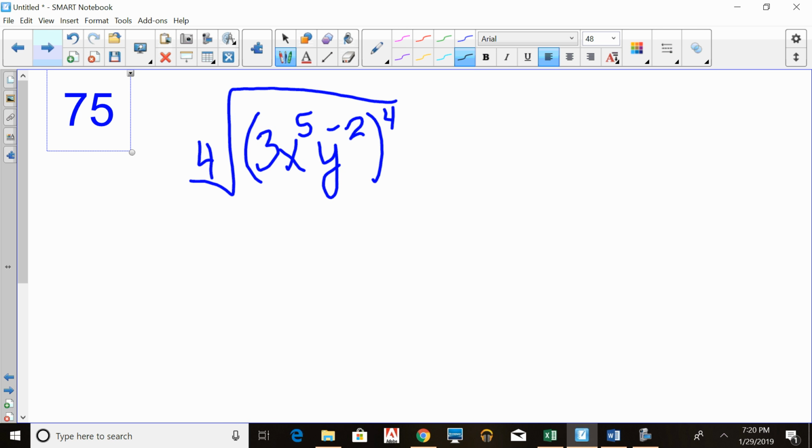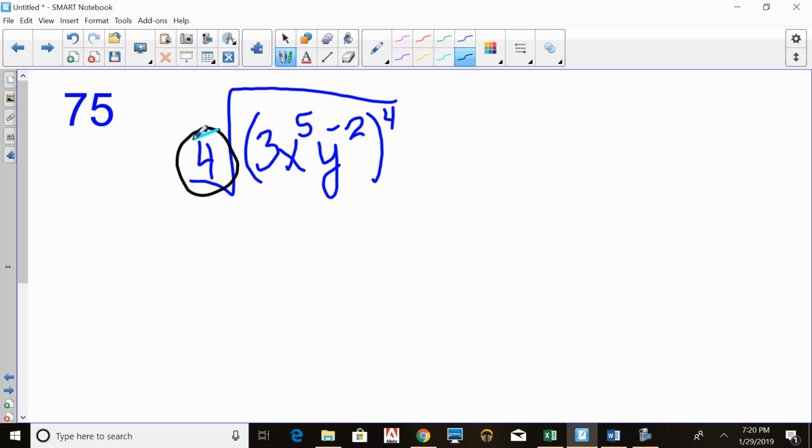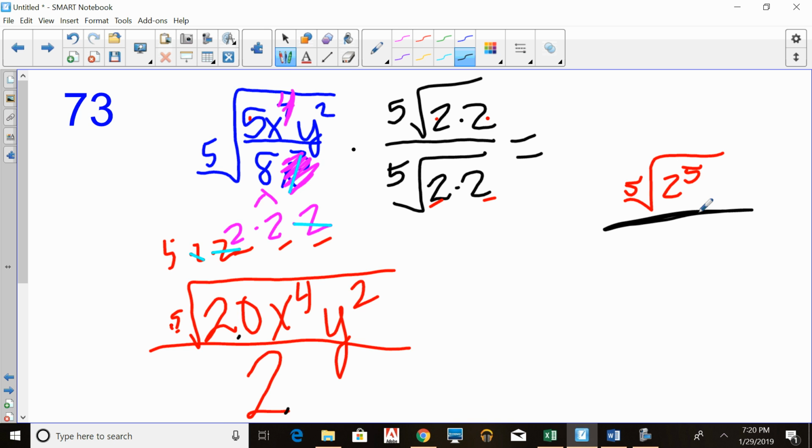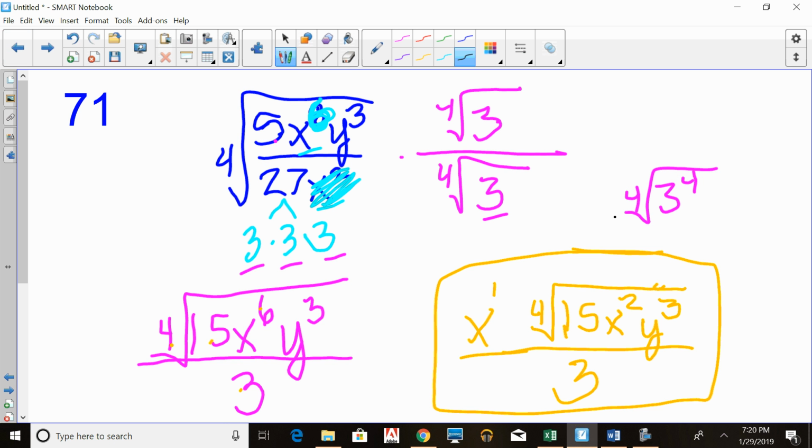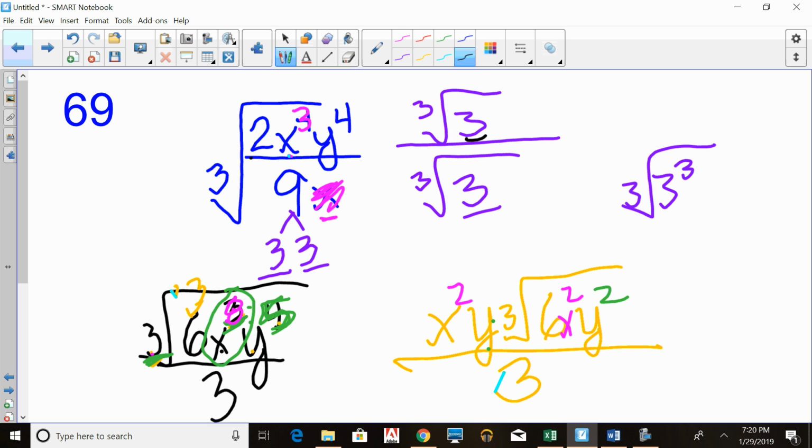75, it's the fourth root of 3x to the fifth y to the negative 2, to the fourth power. Well, hey, would you look at that? Here we have a fourth root and a fourth power. And when you have a fourth root and a fourth power, just like a fifth root and a fifth power, or a third root and a third power, you just get that answer.